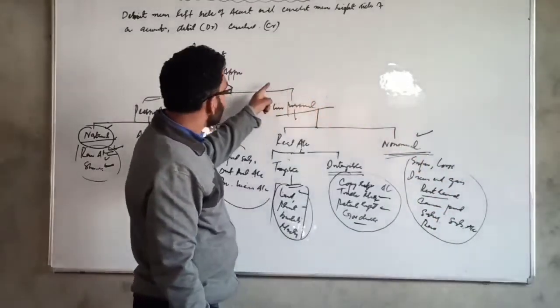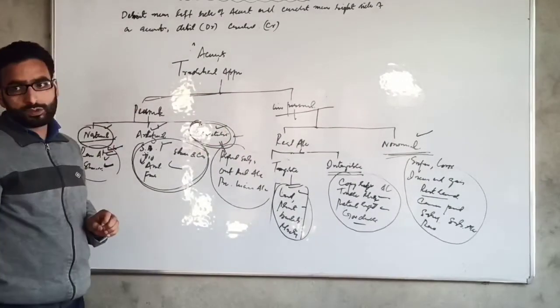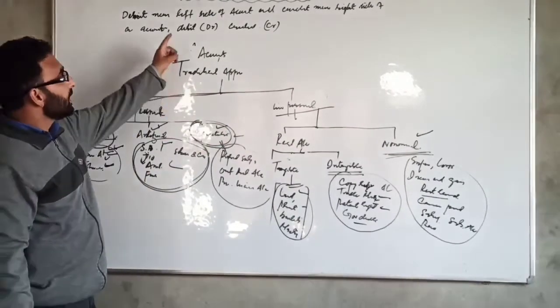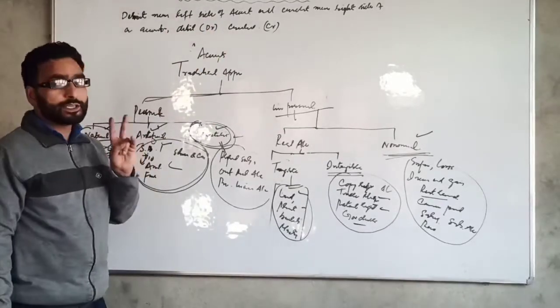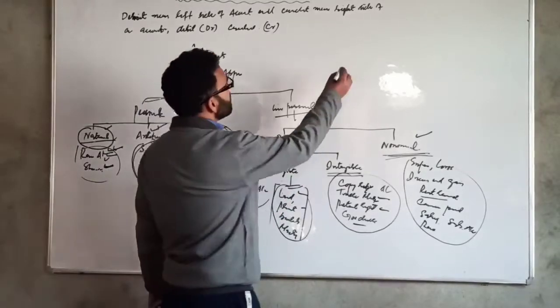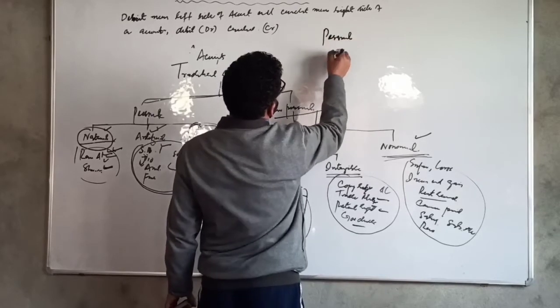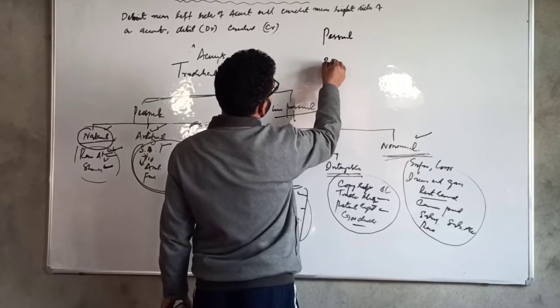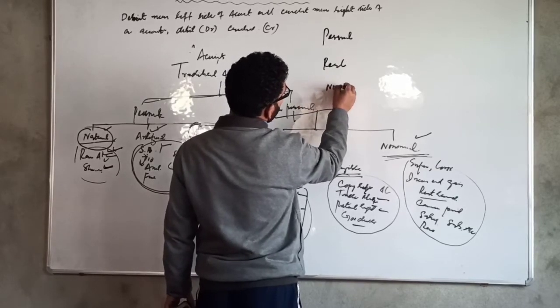Now we have learned here, as per the traditional approach, there are so many accounts, but as per the rules of debit and credit, all these accounts are divided into only three types. Number one, that is personal. Second is real, and third is nominal.